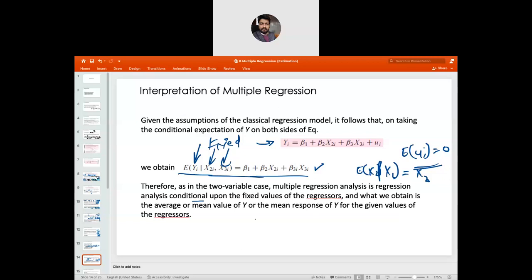So what we are trying to obtain is the mean value of y, or conditional mean of y, for given values of x's, right? x2, x3, x4, whatever x's are there. So in this sense, this is the same as simple regression, because we talked about this in simple regression, and there is no difference in terms of this notation here, right?